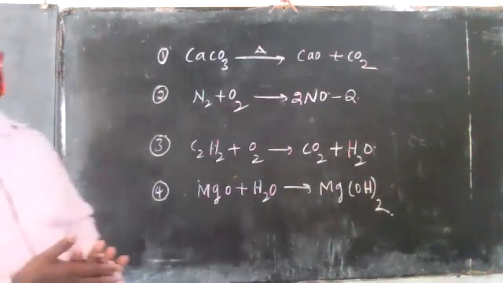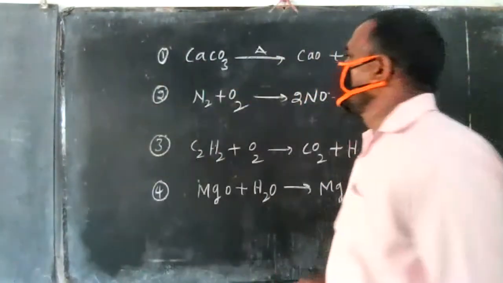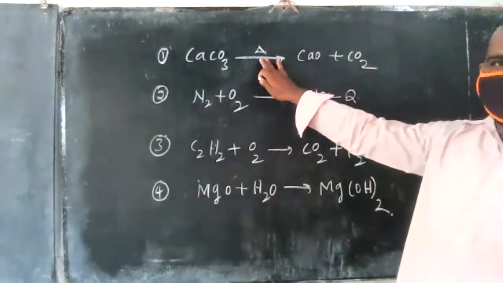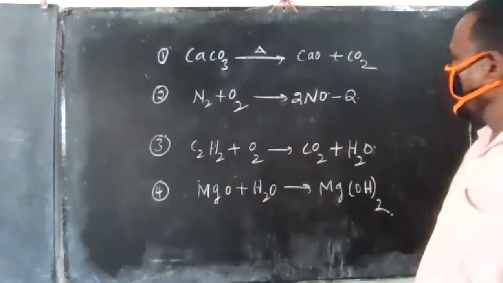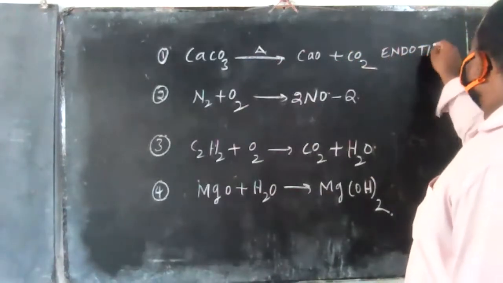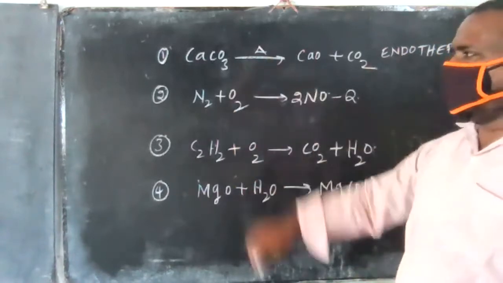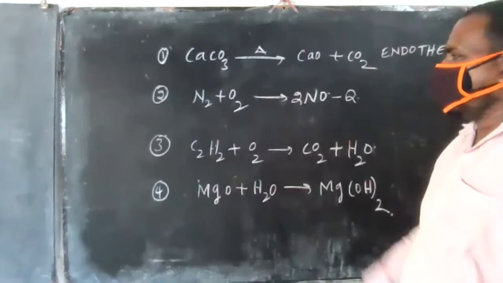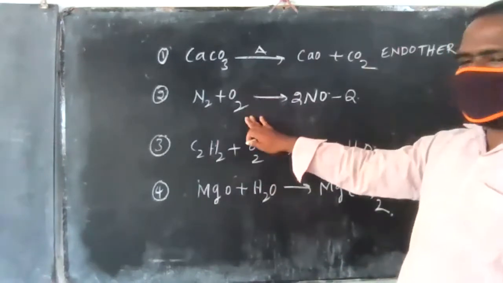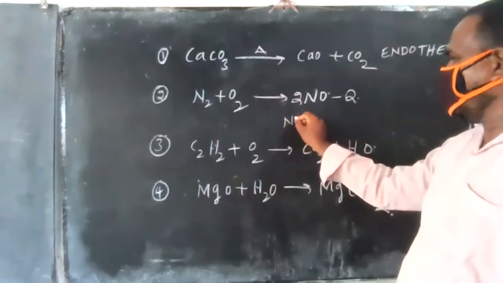So my dear students, in these chemical equations, the first one is heat absorbing. Heat absorbing is called endothermic. Here, nitrogen and oxygen react, and heat is absorbed to form nitric oxide. This is important, it was asked a lot. This is nitric oxide, not an acid.